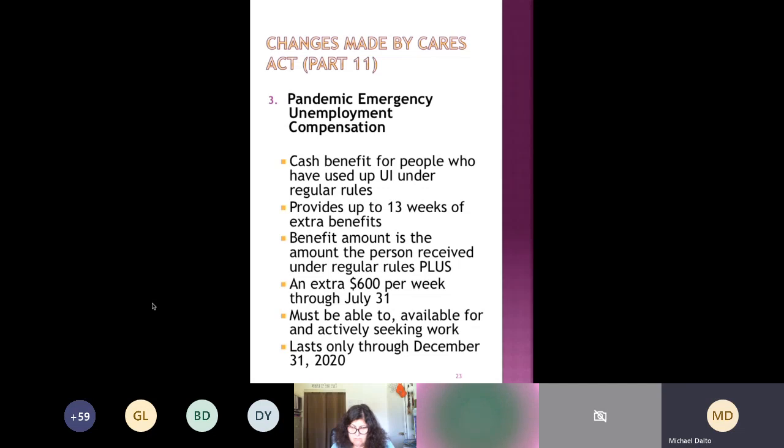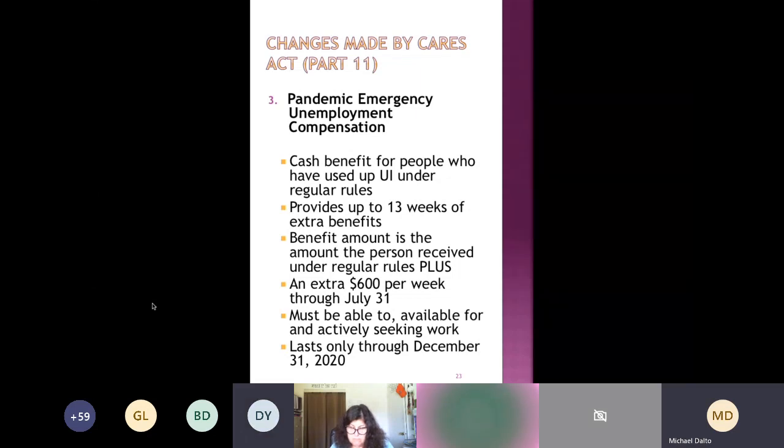So if a person was fired, they're unemployed now, they didn't qualify for regular UI, they should certainly go ahead and file a claim, basically apply for benefits to see if they might be determined eligible for pandemic unemployment assistance. It's worth a try. Next question, Dallas.